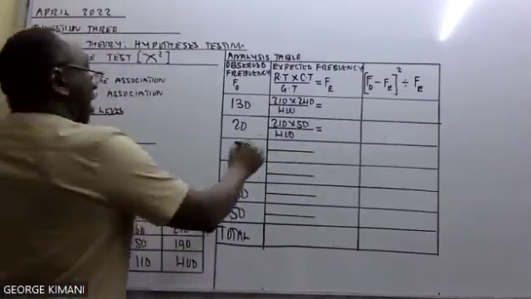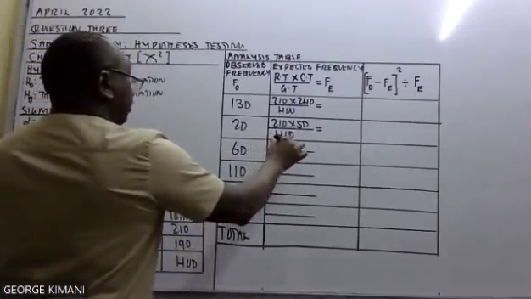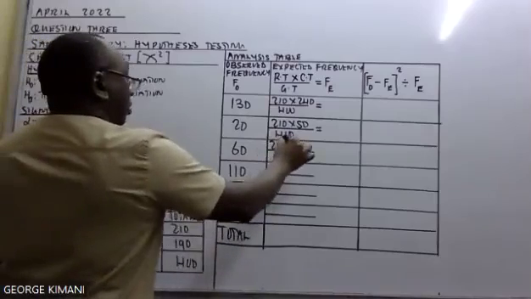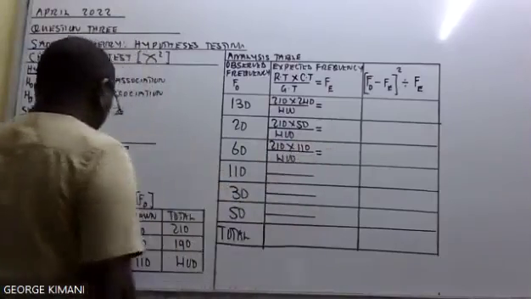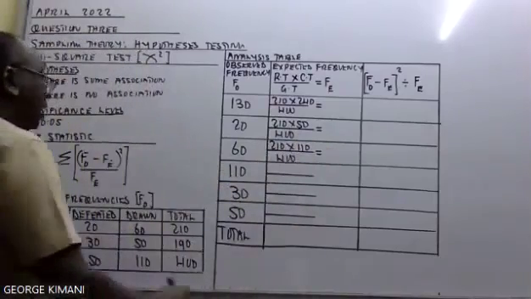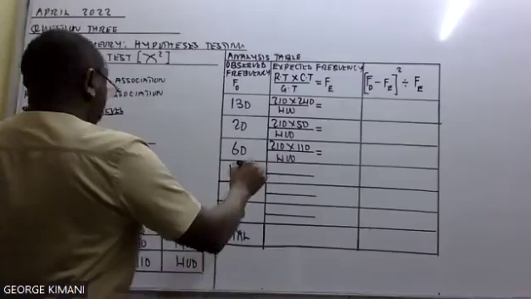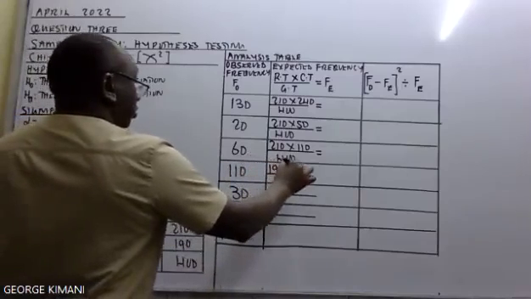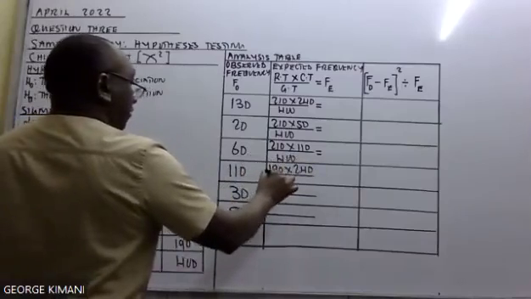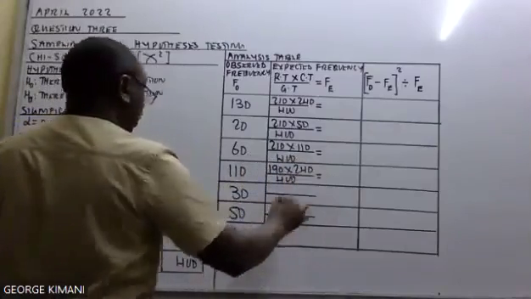When you come here, row total is 210, column is 110, total is 400. When you get here, the row total is 190, column is 240, you divide by 400.